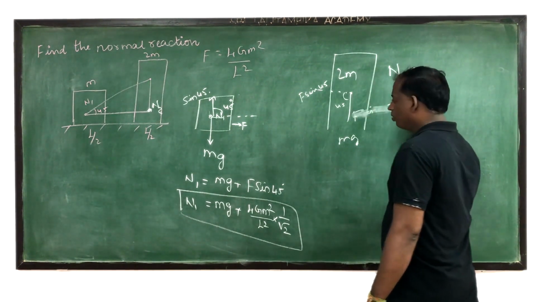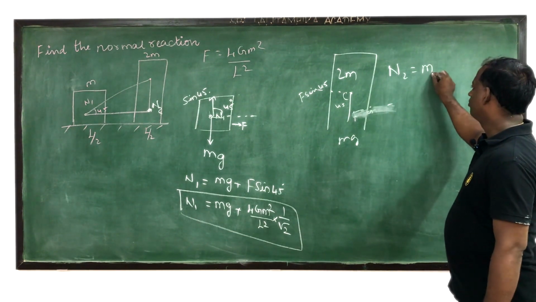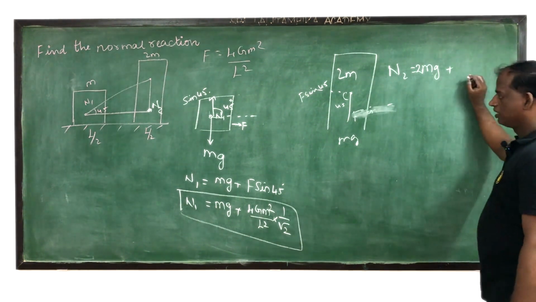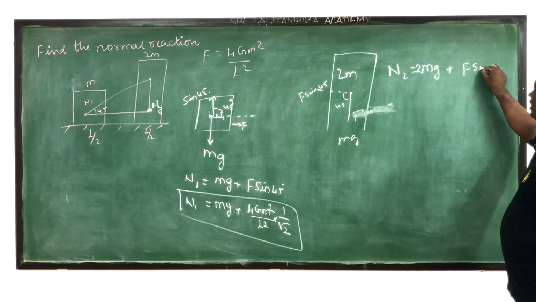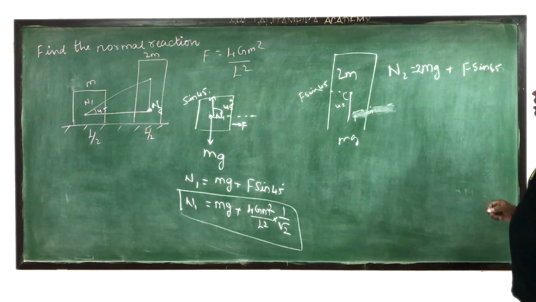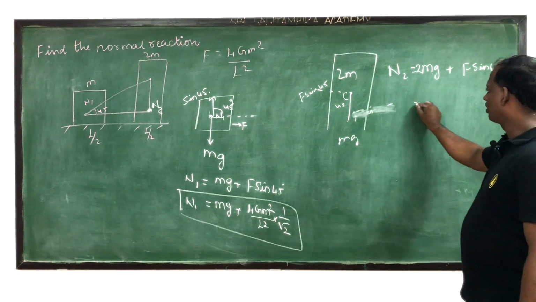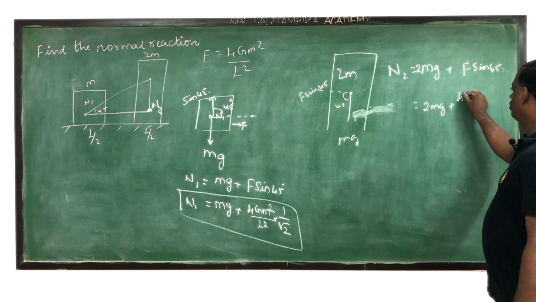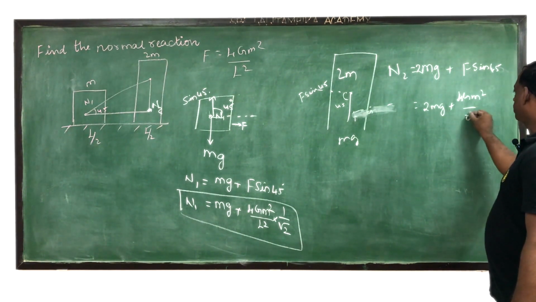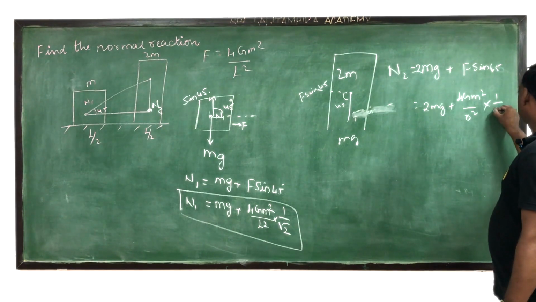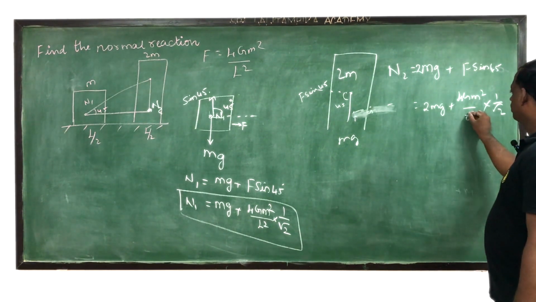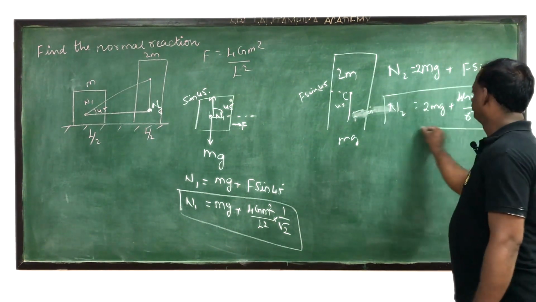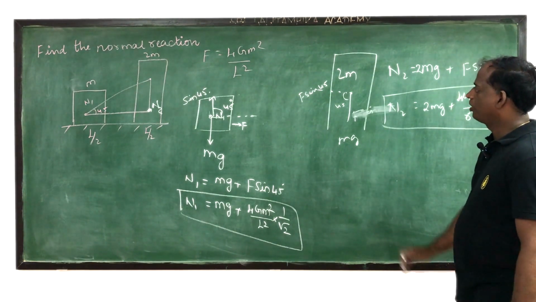N2 is equal to 2mg plus the value of F, which is F sin 45 degree. So we can write 2mg plus 4Gm square by L square into 1 by root 2, the value of sin 45. So this is N2, the normal reaction 2 for the greater mass.